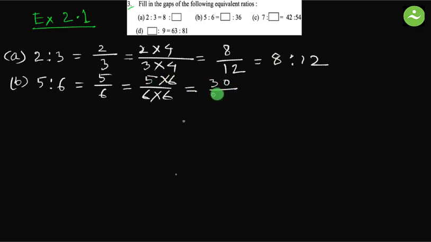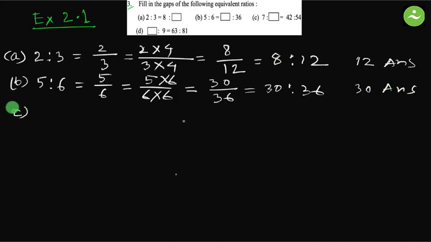Second quantity is 36 equals to 30 is to 36. So when second quantity is 36, the first quantity is 30. Here for A the answer was 12. The empty box was 12 and that is the answer. For B the answer is 30.